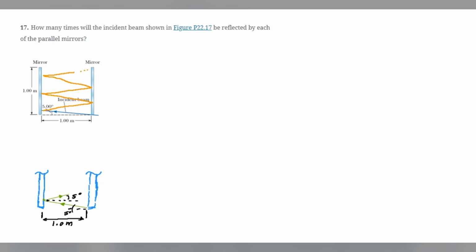Let me make it easier to understand with the triangle that I will get. So let me make a straight line in another color here.